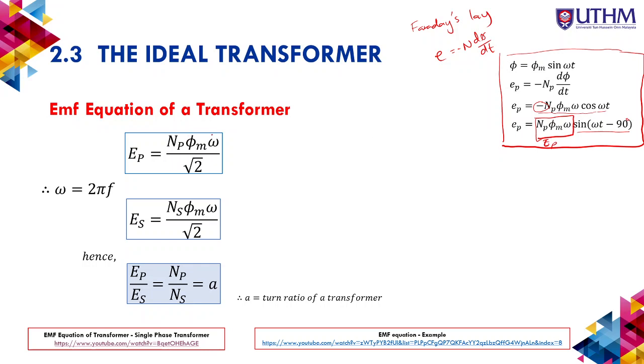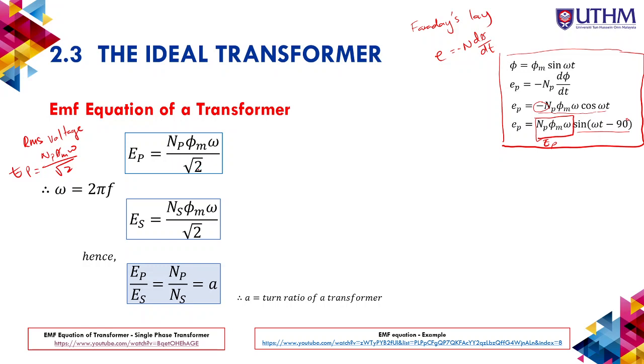So why is there a root 2? Because we deal with the RMS value, the RMS voltage. So we get Np flux m omega divided by root 2, and this is the Ep.